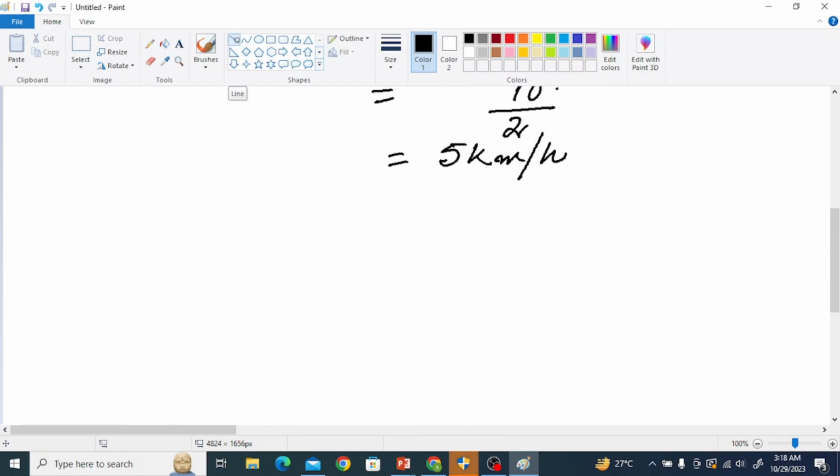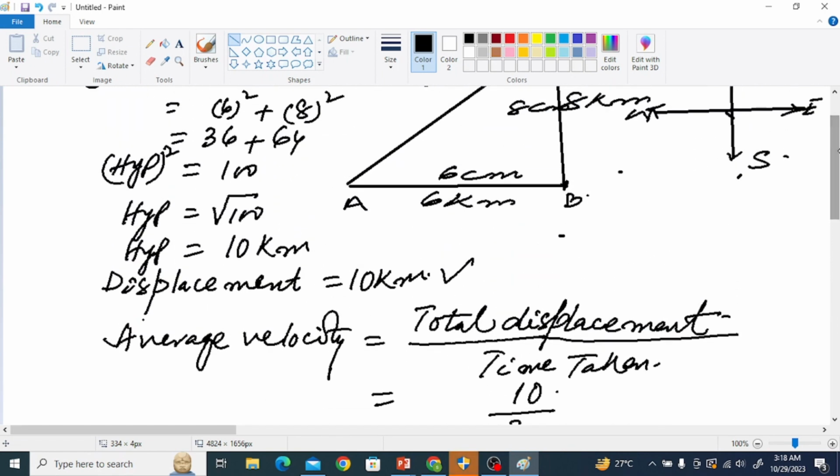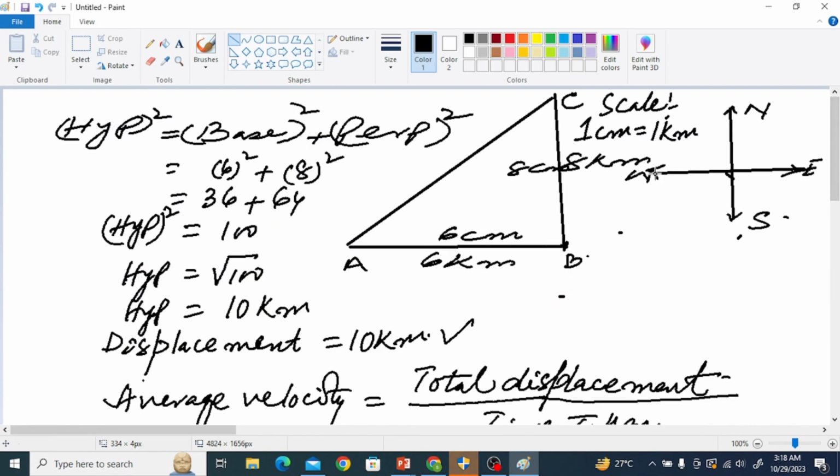If the boy has moved a distance of 5 kilometer due west, you will have to move towards your left, and you can represent this displacement of 5 kilometer due west towards the left side. Considering the frame of reference direction, on the right side we have east, on the left we have west, on the top it's north, and at the bottom we have south.